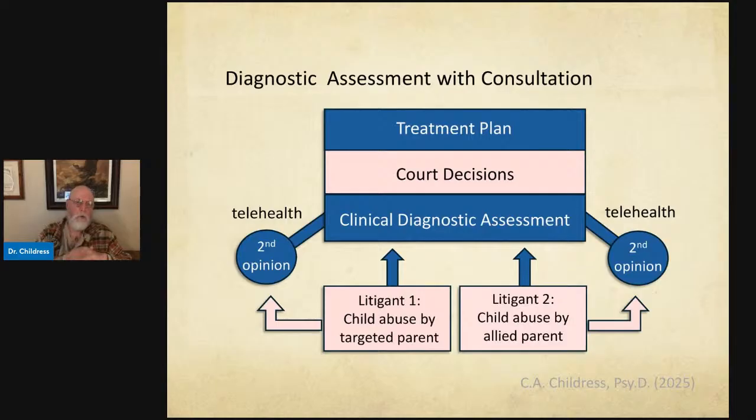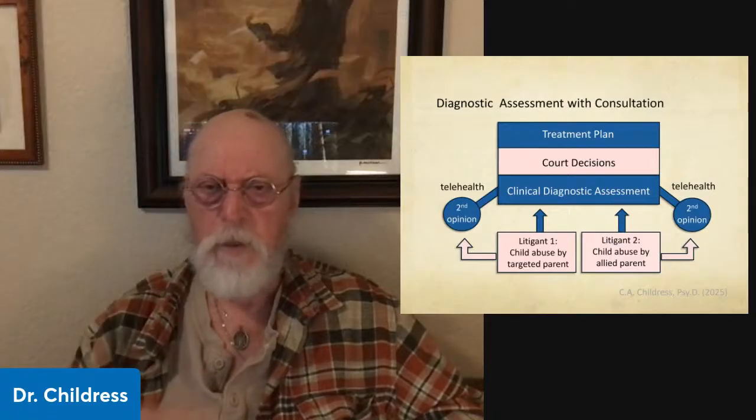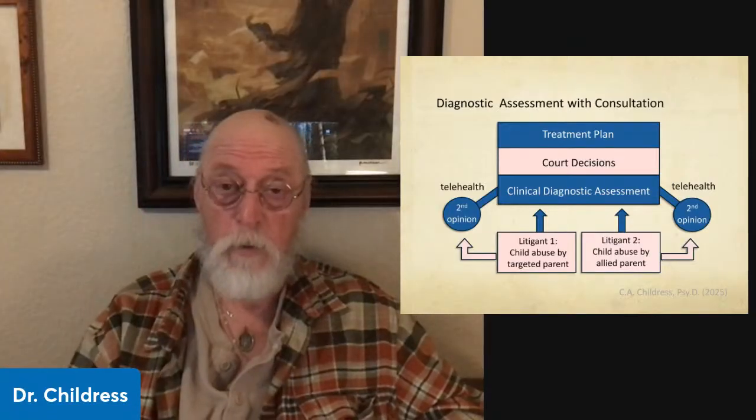So here's what I'm doing right now in the family courts, just to kind of show where I am, at the point of the spear out here working. Right now I serve as a second opinion on forensic custody evaluations and other mental health reports.